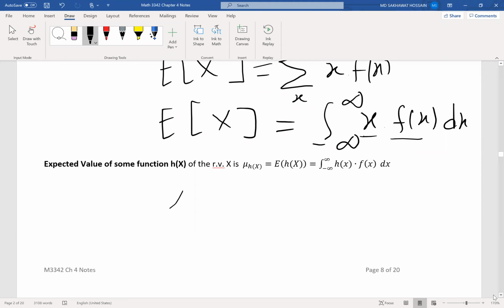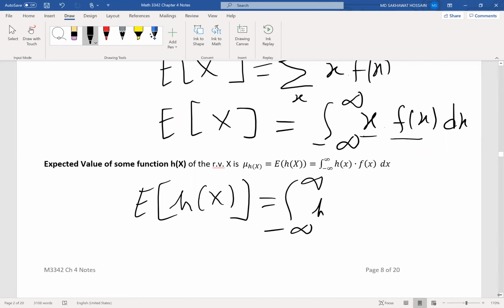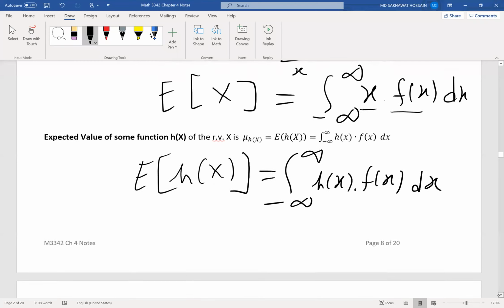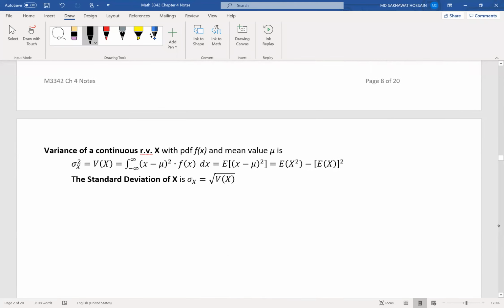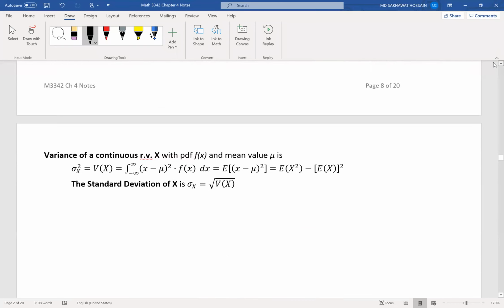And similarly, if you have a function of x, h(x), and you want to calculate the expected value of this function of x, this is also the integral from negative infinity to infinity of h(x) times the density function dx. And variance is also similar.